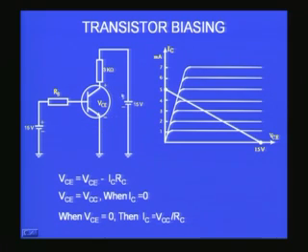Now, you can see that VCE is not the same as VCC, because there will be a finite current flowing, and that finite current will produce a voltage drop across this 3 kilo ohm resistor RC, and therefore the voltage here will be less than 15 volts. Therefore, VCE is VCC, which I have here, minus the voltage across the 3 kilo ohm, which is minus IC, the collector current, into RC, the 3 kilo ohm resistor that I have shown here.